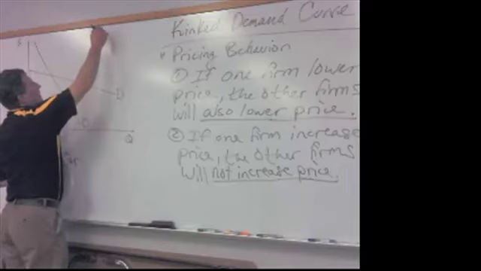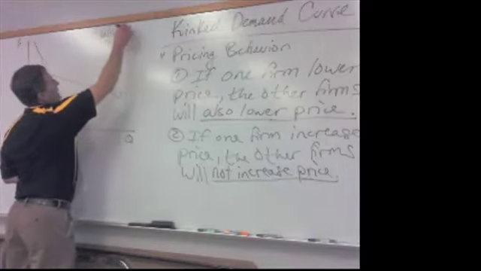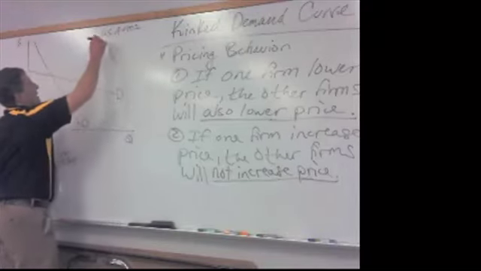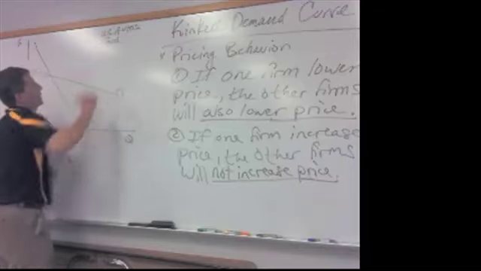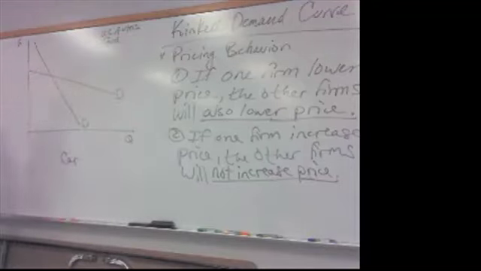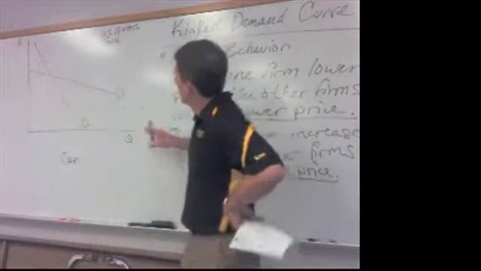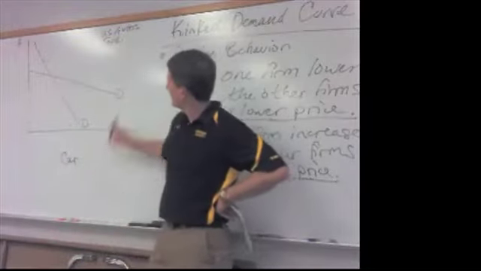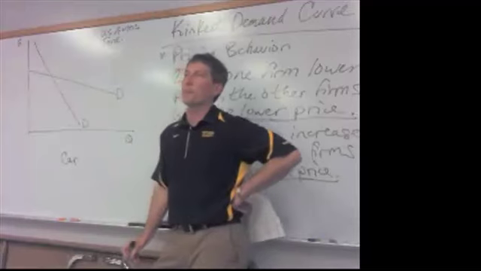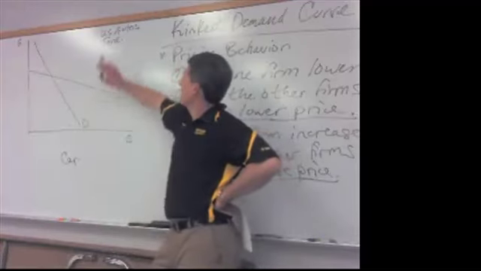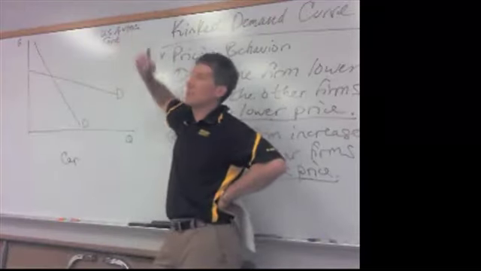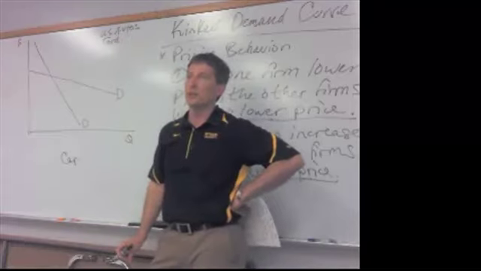And my question is, which demand curve represents U.S. autos and which one is the Ford? So I got two demand curves up on the board. One's flatter than the other. Which one represents the Ford? Which one represents U.S. autos in general?